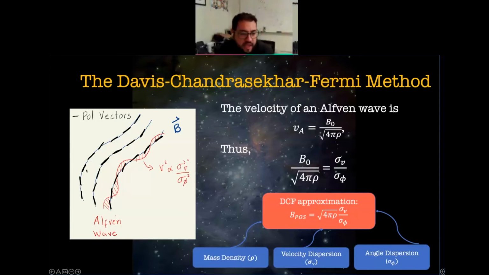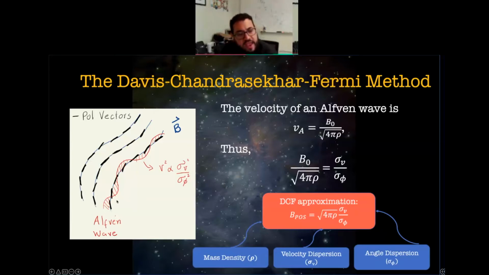If you have a magnetic field in, let's say, this sort of curved shape, you can probe it with these polarization vectors. You can then assume that the specific pattern that you see in the polarization vectors is the result of an Alfvén wave established in the plasma.